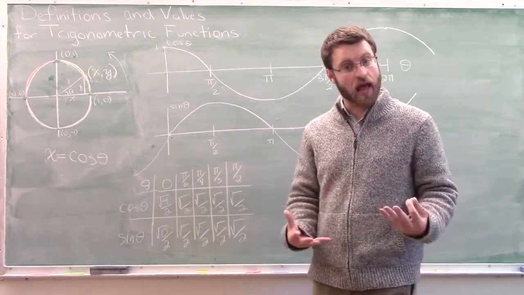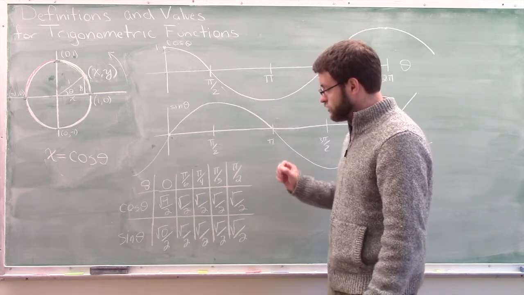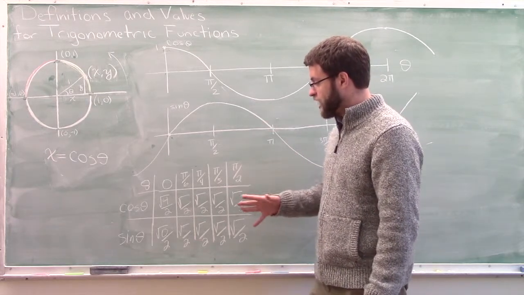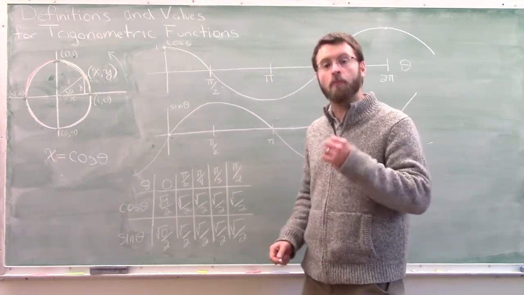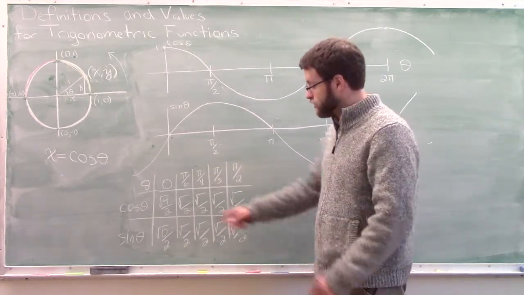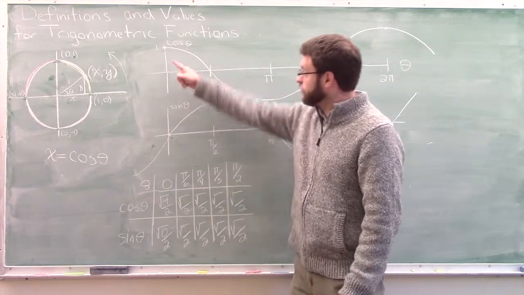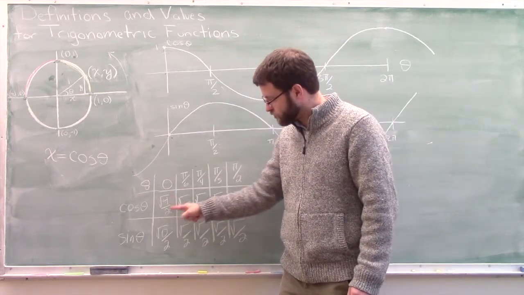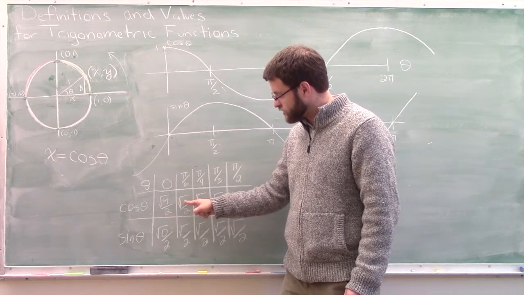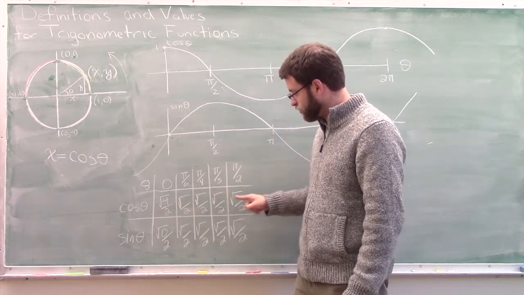Now let me show you what the pattern is. Over all the special angles, we're just going to count up and down. So the cosine, we know that it's decreasing, so we start at this whole expression being equal to 1, and we just count down inside the square root.